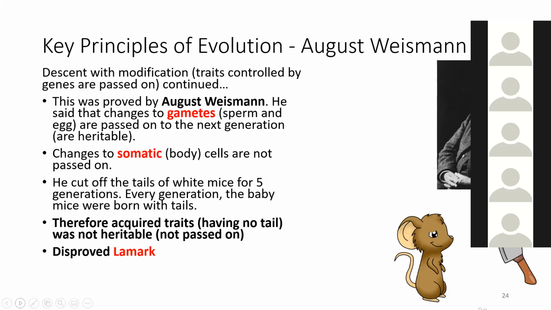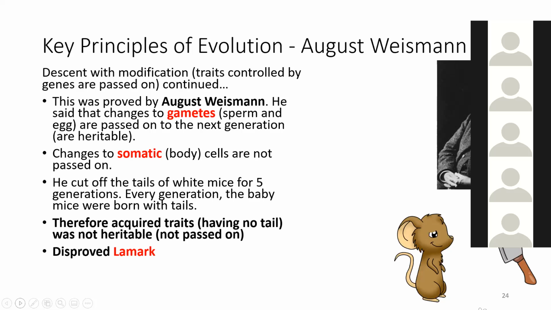But no matter what happened, every generation, the babies were still born with tails. So he was making a change to the somatic body cells. He was cutting off their tails, but not changing the gametes. So the gametes still had the information to make tails. Therefore, acquired traits like having no tail are not inheritable, are not passed on.